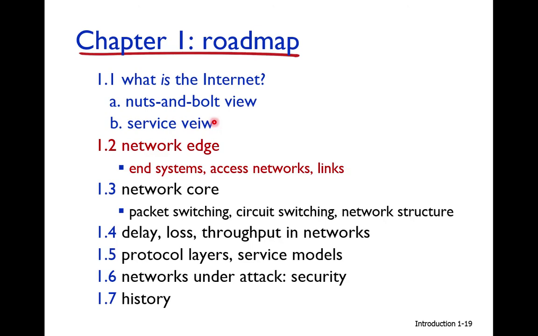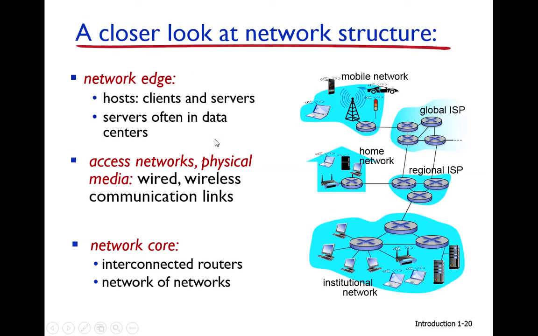Now we are going to discuss more detail about the internet, and that includes the network edge. What does network edge mean? One thing you have already understood is that in the internet we have two types of devices.